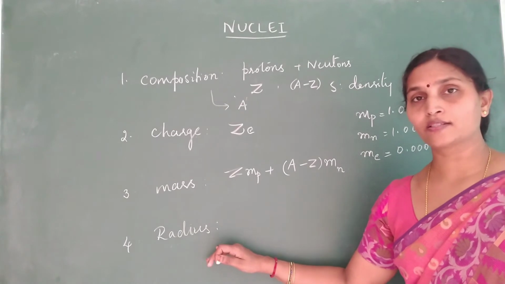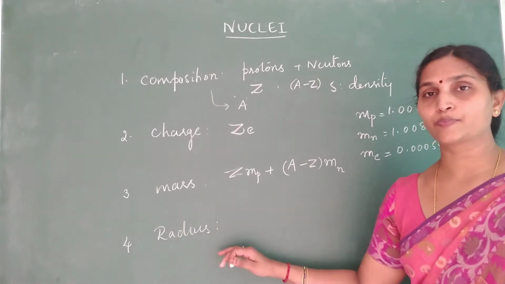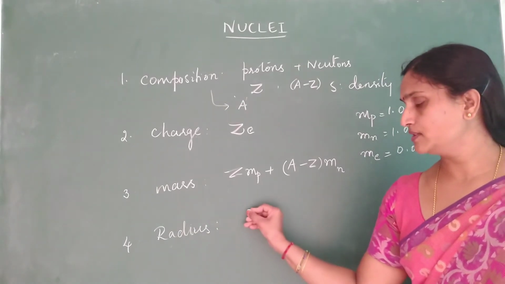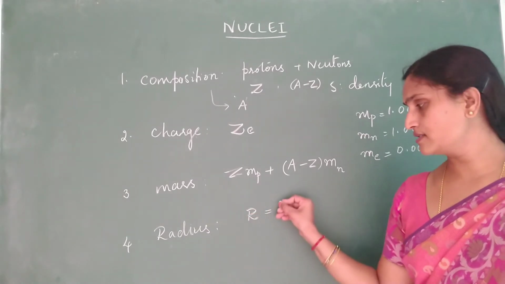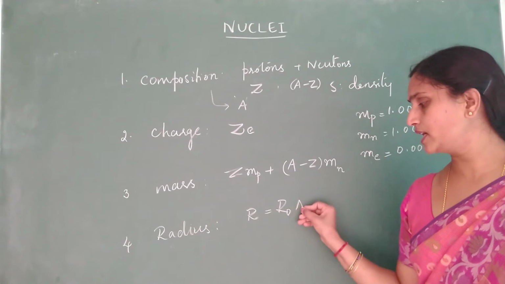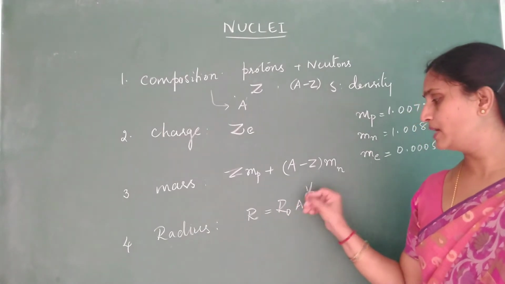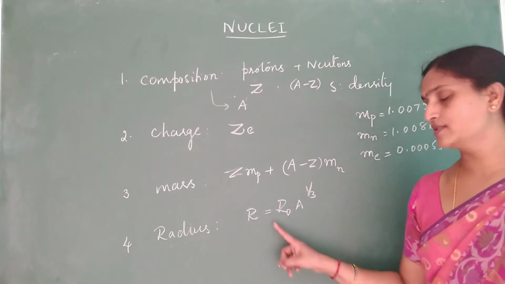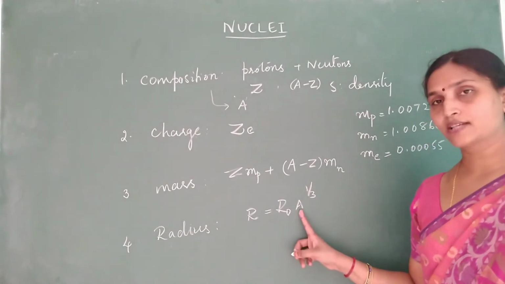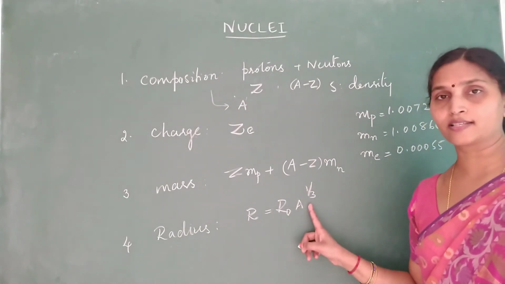Then coming to the radius of nucleus. Based on scattering experiments itself, it was observed that the radius of the nucleus is given by this relation: R is equal to R naught A to the power 1 by 3. R naught is some constant, and A is the mass number, so it is the cube root of mass number.